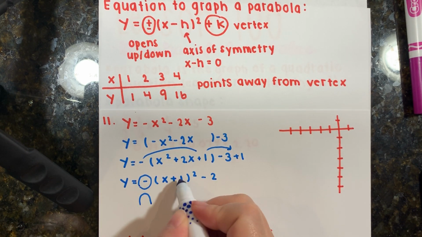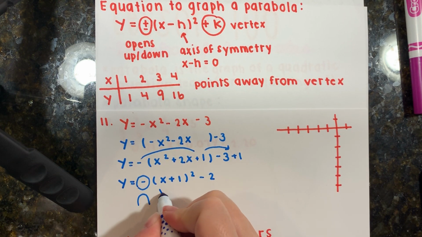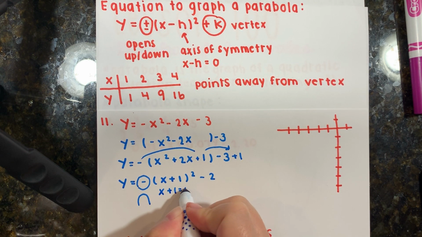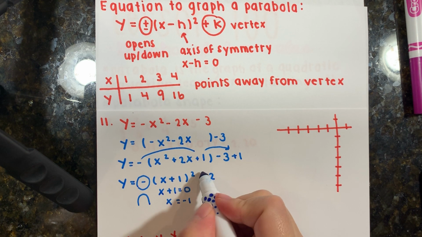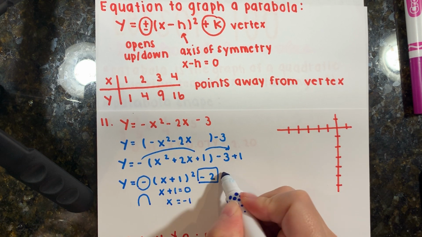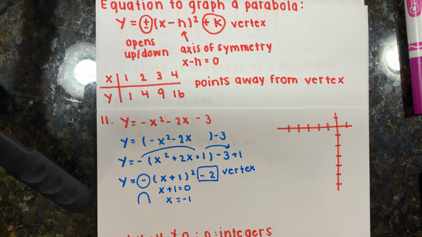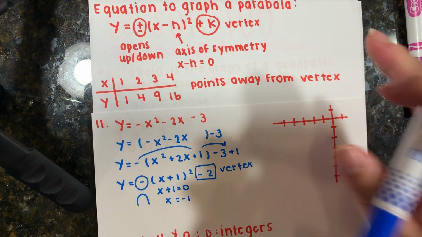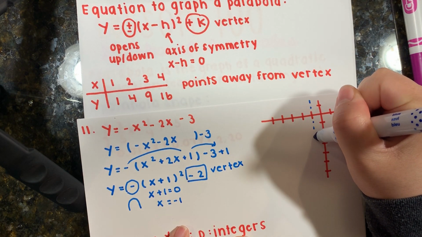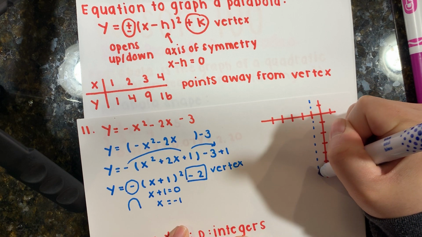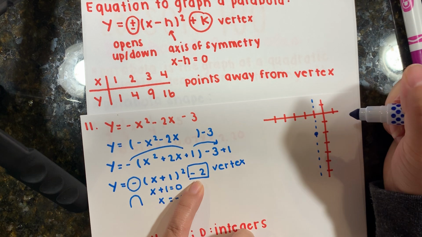This is going to be my axis of symmetry right here. So you're going to set that x plus 1 equal to 0, and that gives me an axis of symmetry of negative 1. And this right here is going to be my vertex, where I'm going to start on the axis of symmetry. So at negative 1 is where you're going to put your dotted line in, like that. Then at negative 2, you're going to put your dot for your vertex.